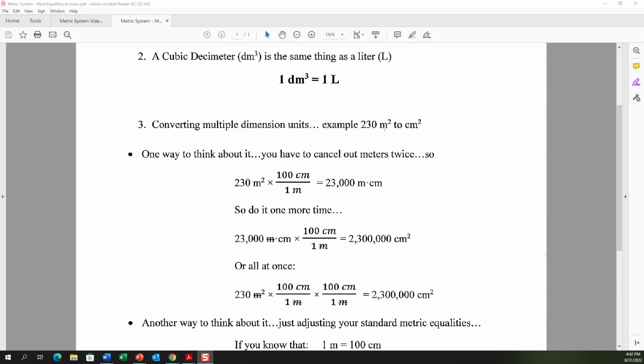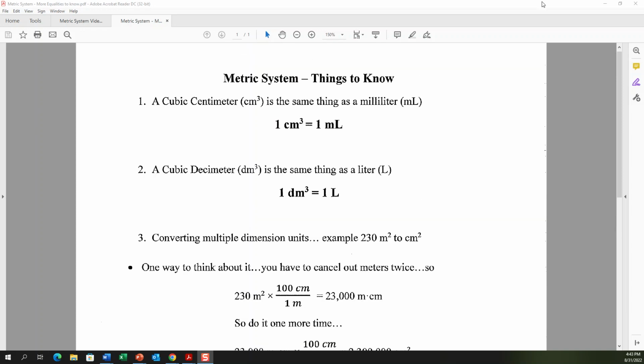So instead of meters and centimeters, it's meters cubed, or meters squared and centimeters squared. When we add that extra dimension, how are we supposed to convert that? Okay, so that's what I want to touch upon today. All right, so anyway, you want to check out that handout.